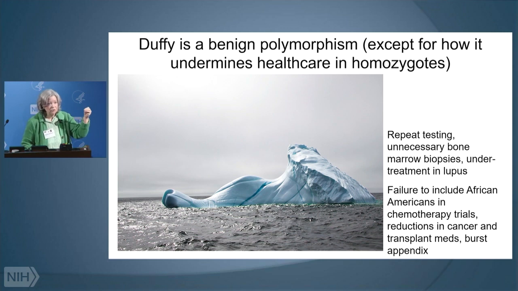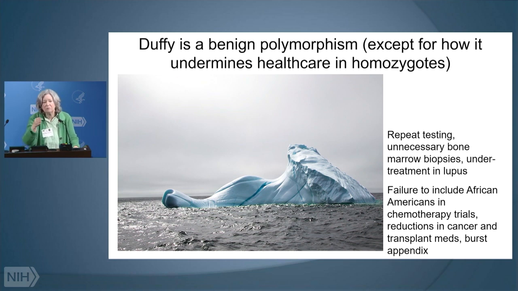the threshold for white cell count to get into cancer chemotherapy trials was for many years going to keep half of all African Americans out of clinical trials, because the two-thirds of them who are Duffy homozygotes end up falling below the thresholds all the time.